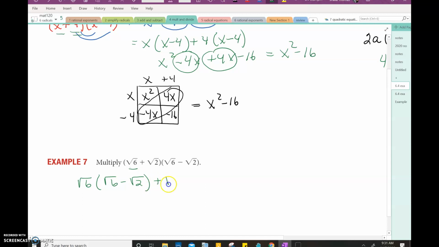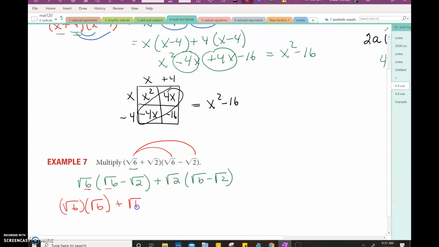Then I'm going to look at the second term and multiply it by the second binomial. So basically, I'm multiplying this times this first of all. So a radical 6 times a radical 6. And then I'm multiplying those two together.